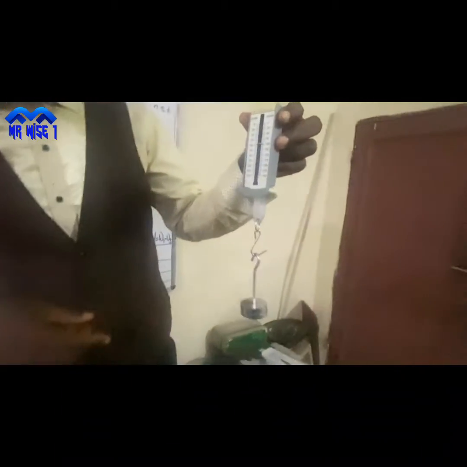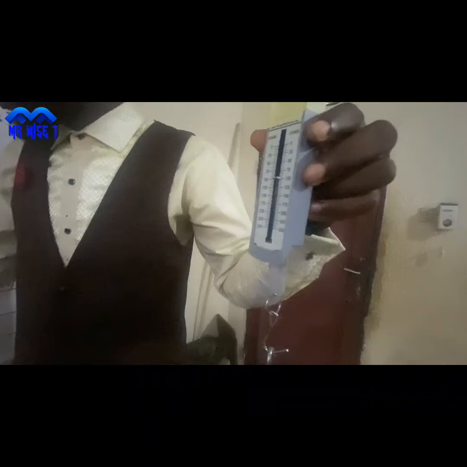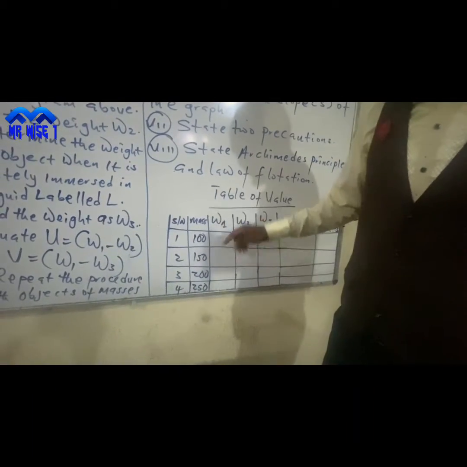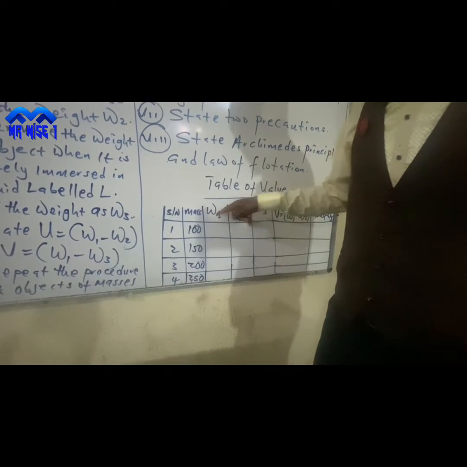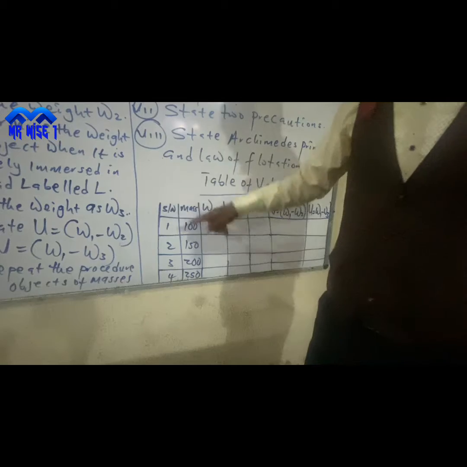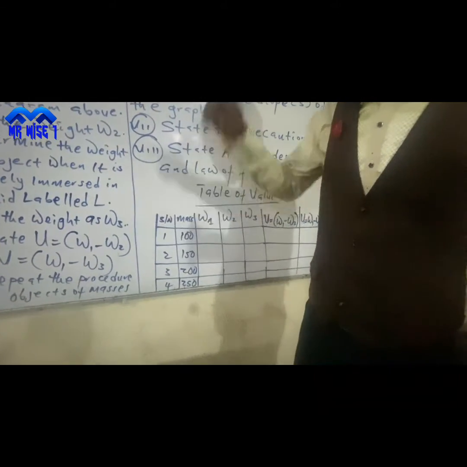As you can see, this is the mass in air, which is my 100 gram. So I'm going to get my weight in air. My weight in air is M1. So my 100 divided by 1000 will give me 0.1.